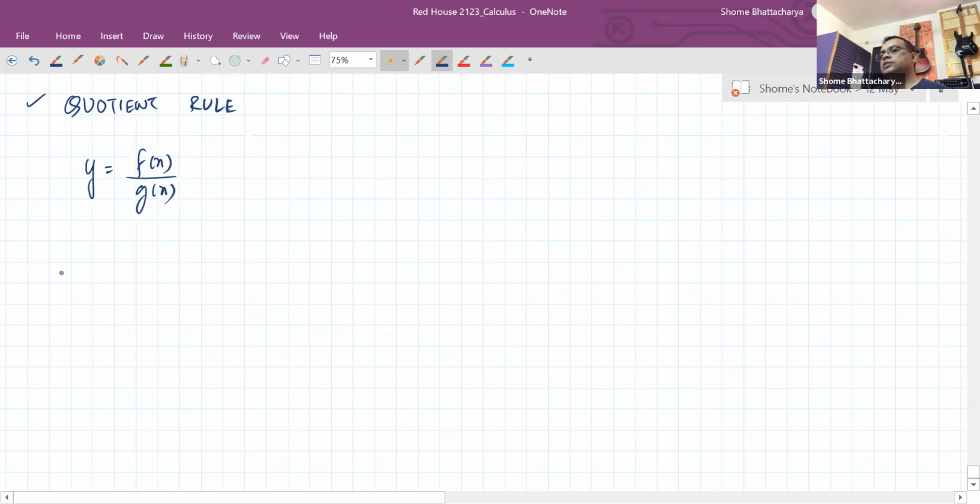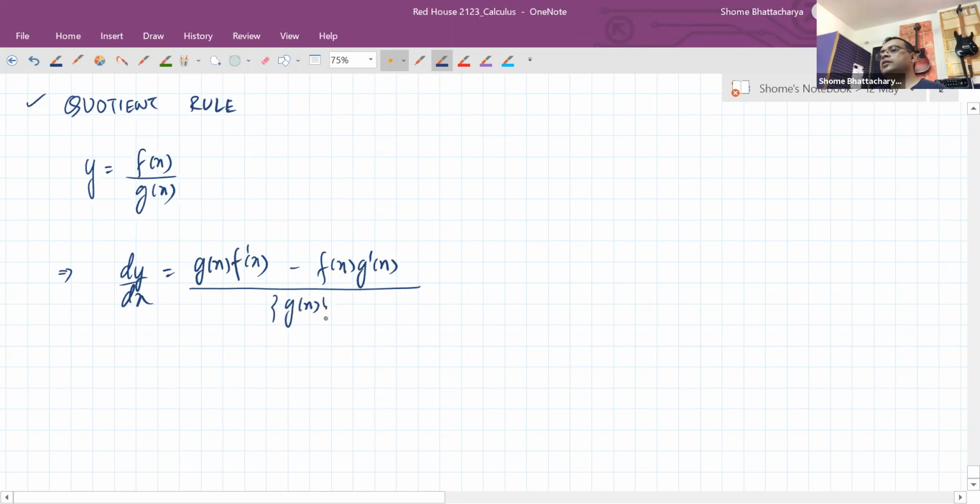Okay. Now this one looks quite complicated. The differentiation of this function is given by this formula. It is the denominator into the differentiation of the numerator minus the numerator into differentiation of the denominator divided by the denominator function whole squared.